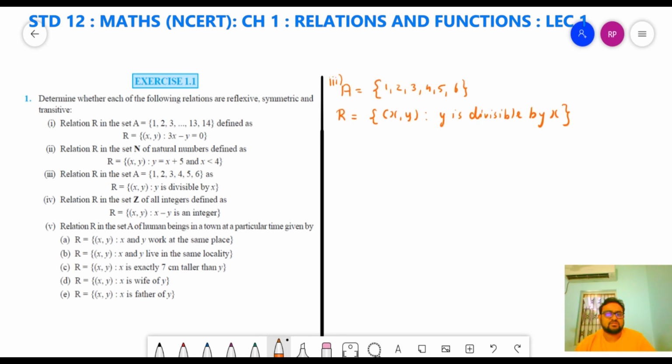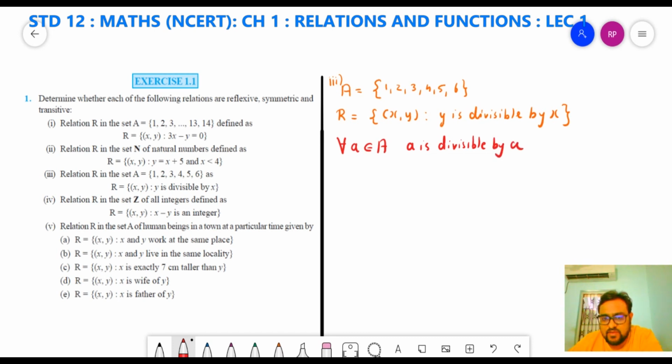Question number third: set A is given as {1, 2, 3, 4, 5, 6}, and the relation is on set A, such that (x, y) is such that y is divisible by x. Okay, so now let's take any element a belonging to A. Every number is always divisible by itself, meaning a is divisible by a, right?